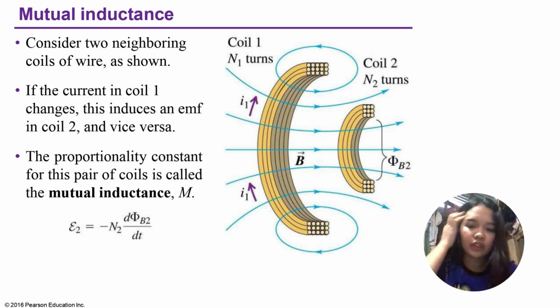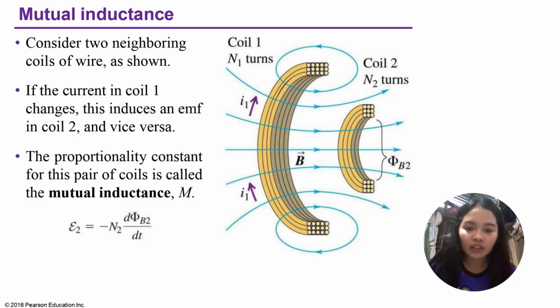Mutual inductance describes the interaction between two nearby coils. When the current in one coil changes, it creates a changing magnetic flux. If a second coil is present in this changing magnetic field, an EMF, or electromotive force, is induced in that second coil.